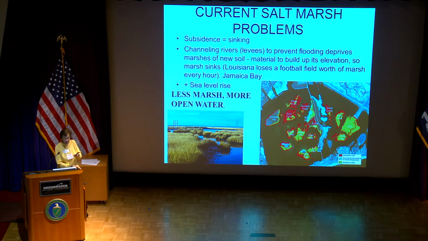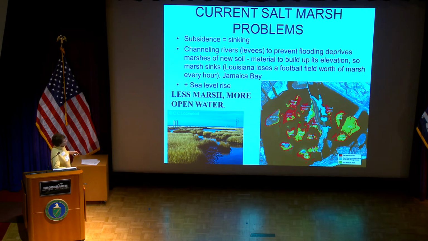There's a similar problem in Jamaica Bay, in the marsh islands of Jamaica Bay, bringing it back to Long Island. Here you see in red where the marshes used to be, the size of the marsh islands, and in green is the size as of now.